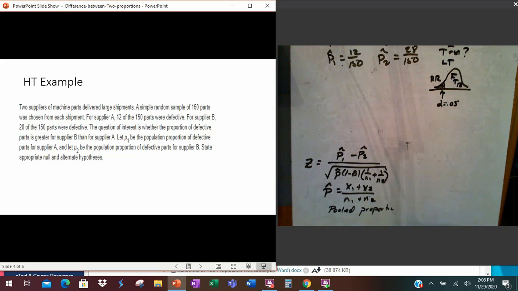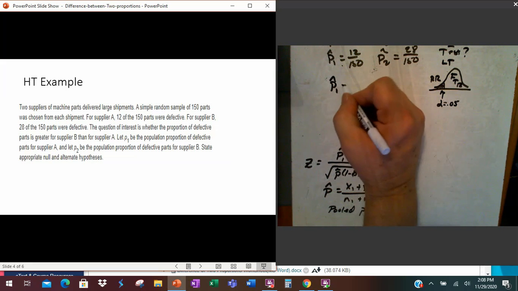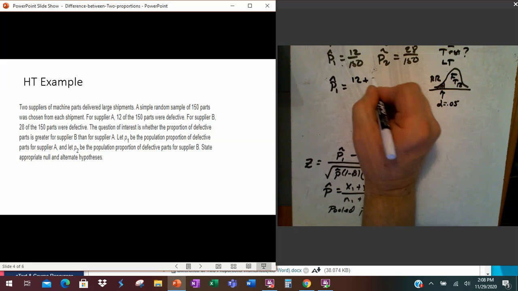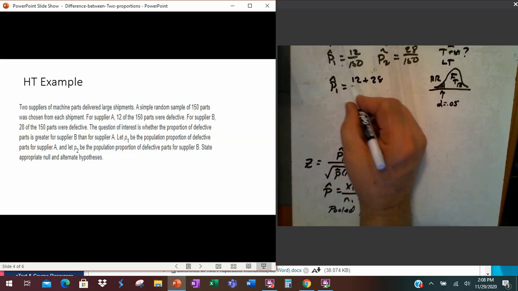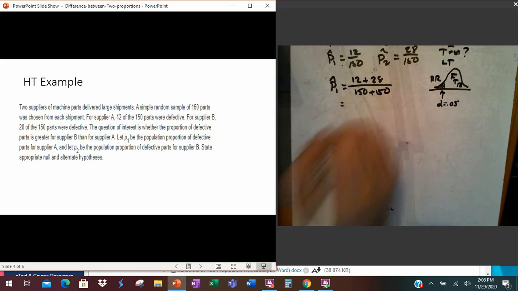Okay. So for our test statistic, here's our P1, P2, our pooled version. That's our pooled version, X1 plus X2, there's our X1 and X2, over 150 plus 150.